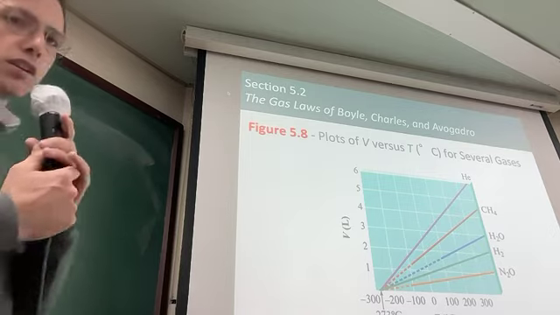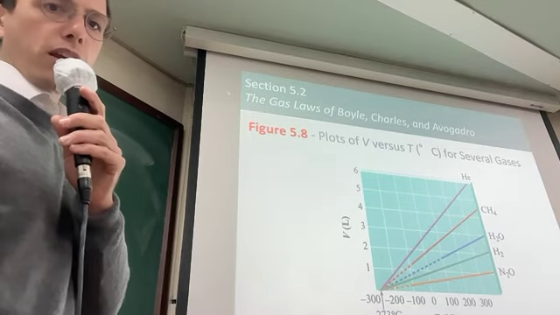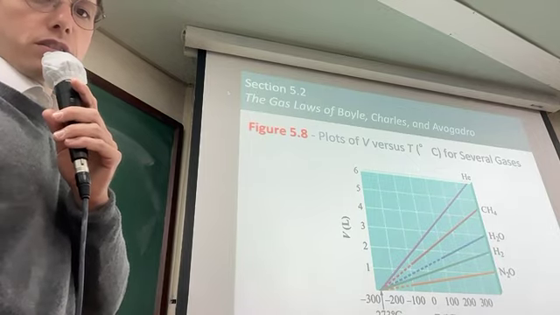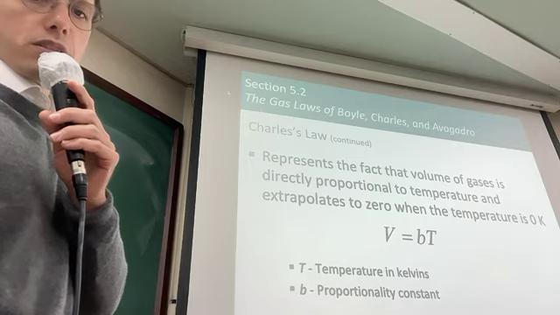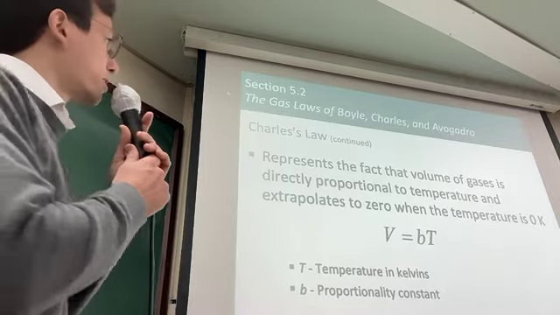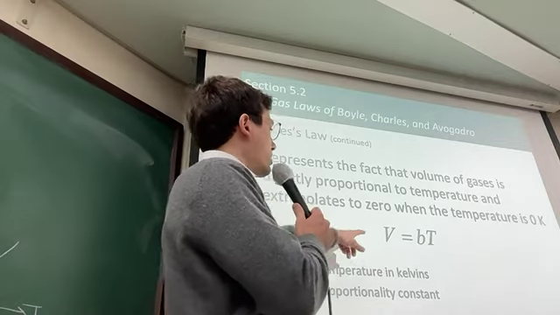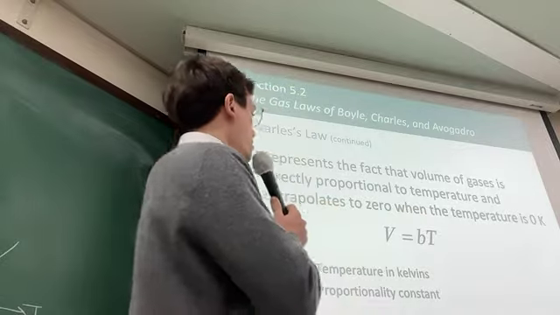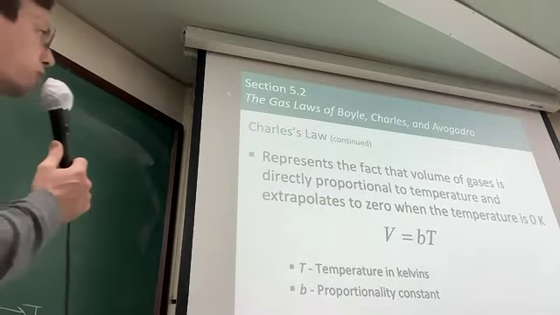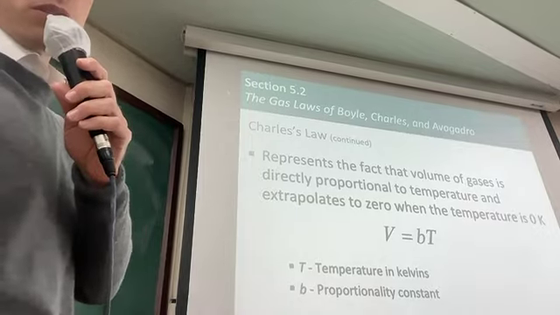This is the lowest volume that you can have. Okay, so Charles' law, we can summarize it like this. Volume is proportional to temperature, and we have some kind of constant there, which we call B, the proportionality constant.